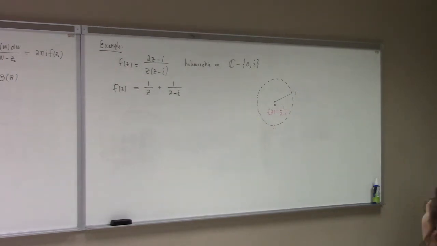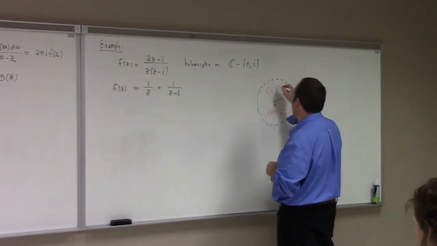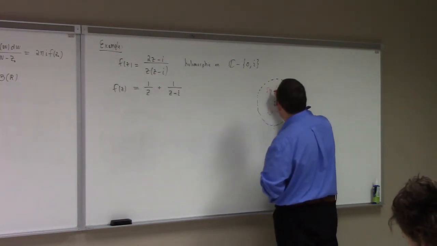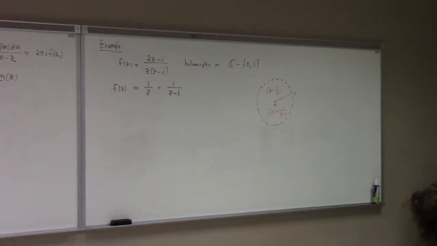On the other hand, f1 is what? 1 over z. Because that is singular at the origin, and on the other hand, it goes to 0 as we go to infinity.